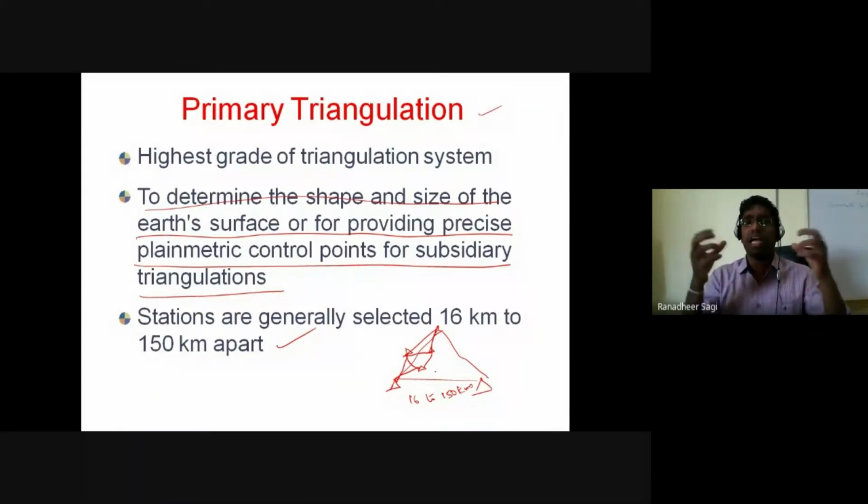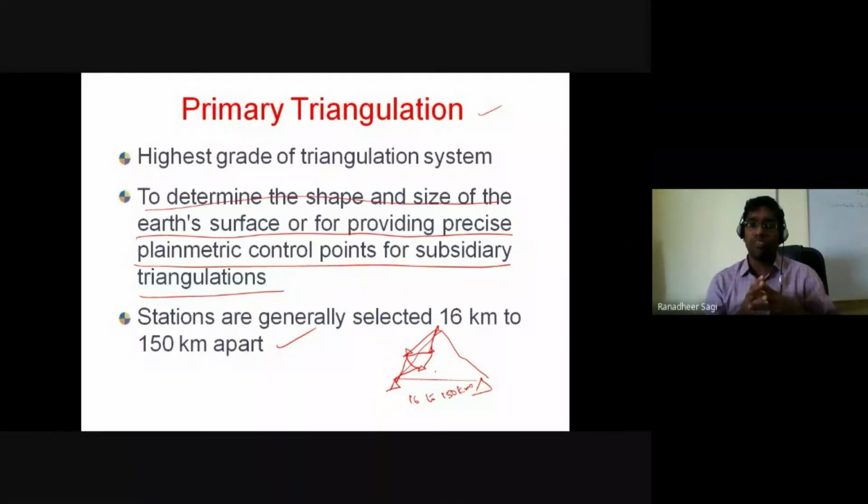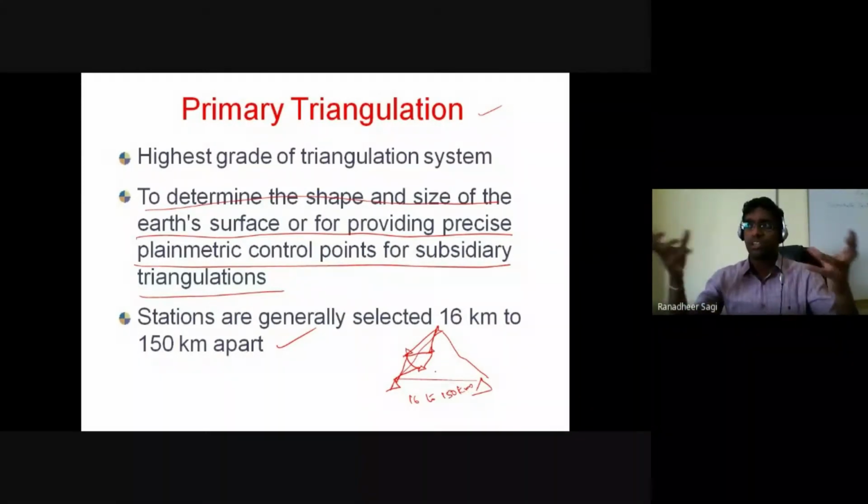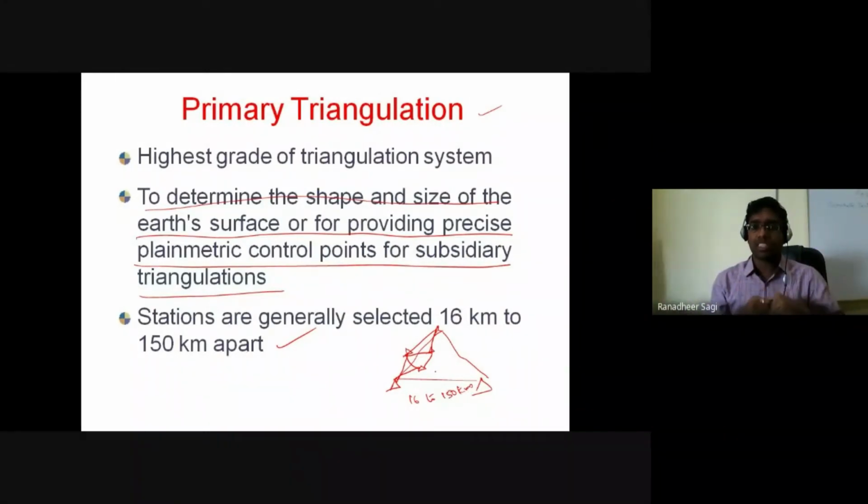just with triangulation stations which are very far away, it may not be feasible for us to determine the locations of various features. For example, if I want to map information related to all the pilgrim places in India, it could be temples, churches, masjids, or any other important pilgrim places.